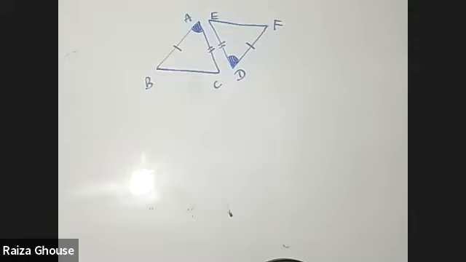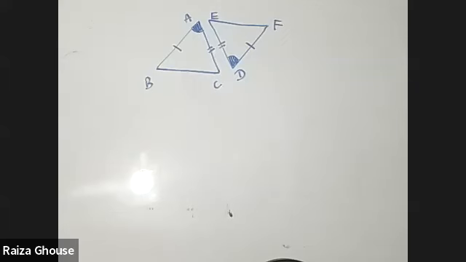If it is congruent, send yes in the chat box. If it is not congruent, send no. Congruent means when you place one triangle on another, they coincide. Two people here, okay, 3, 4, responding. Others also respond. I want everyone to respond.